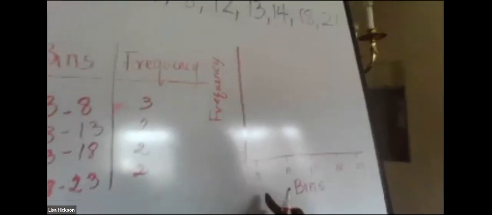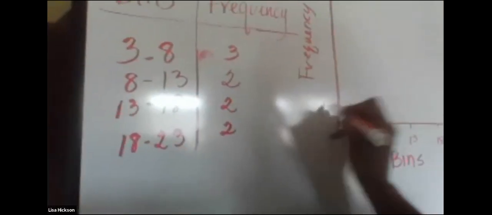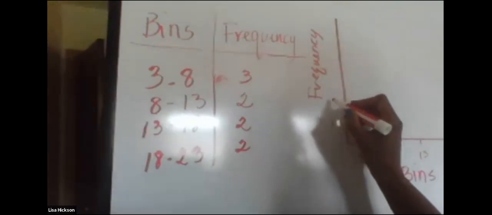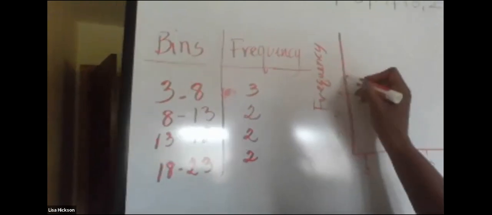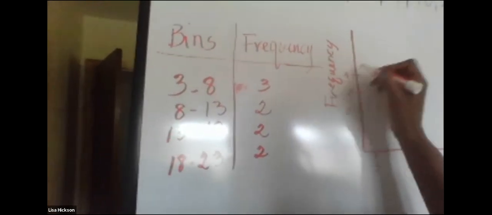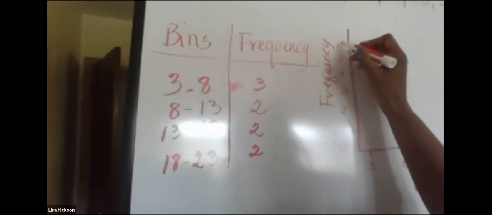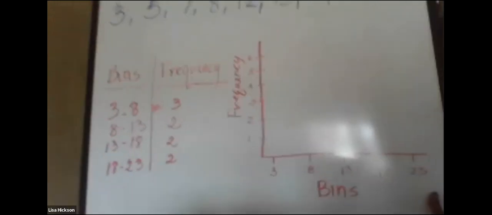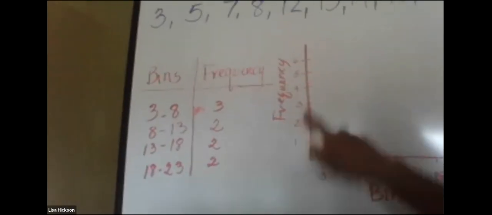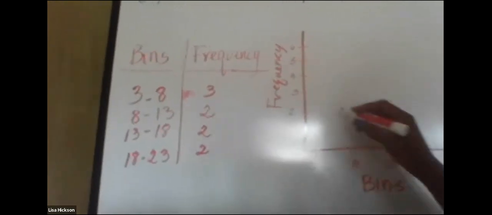Okay, so from 3 to 8, we can go up. And again, when you do your graph by hand, it is a sketch, but try to space your numbers equally so that you will get a halfway decent graph. Bins are across the bottom. The frequency is up the side. Between 3 and 8, we have 3.